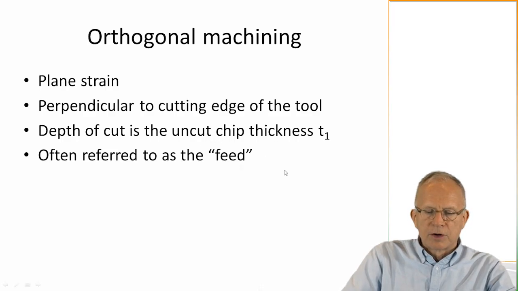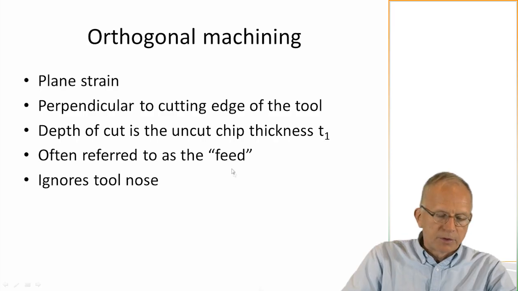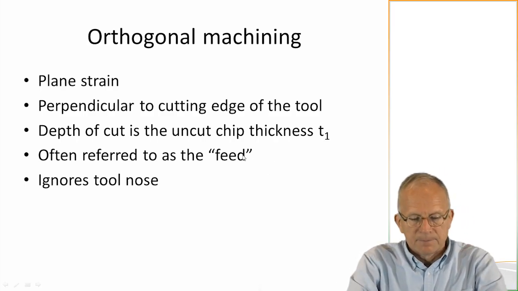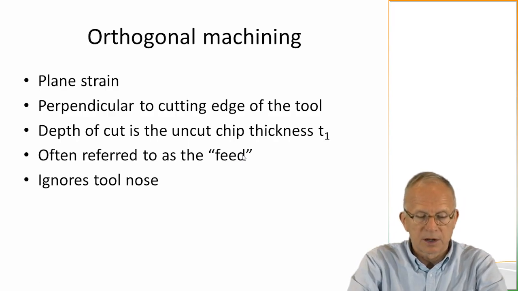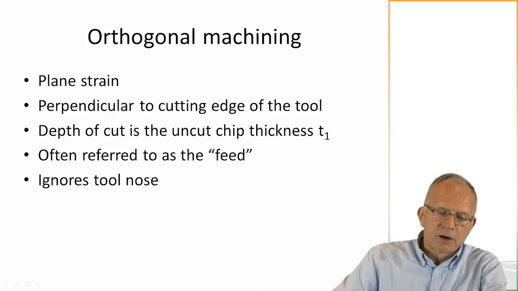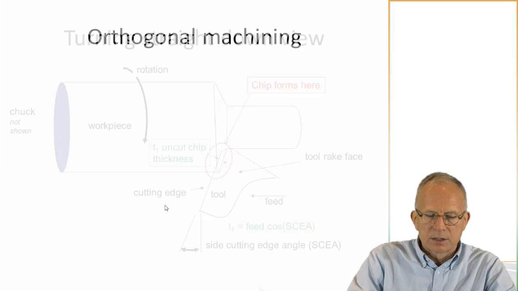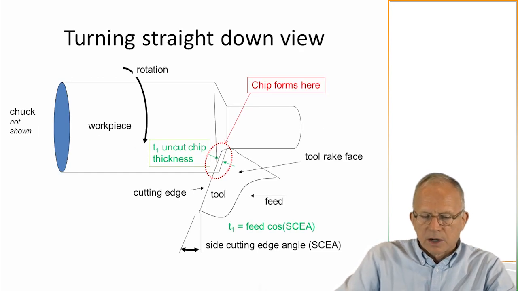This is referred to as the feed in turning, and can be referred to as the feed in orthogonal machining. This orthogonal machining essentially ignores the tool nose. And let me go back here to this slide. So this region in here is largely the plane strain region.